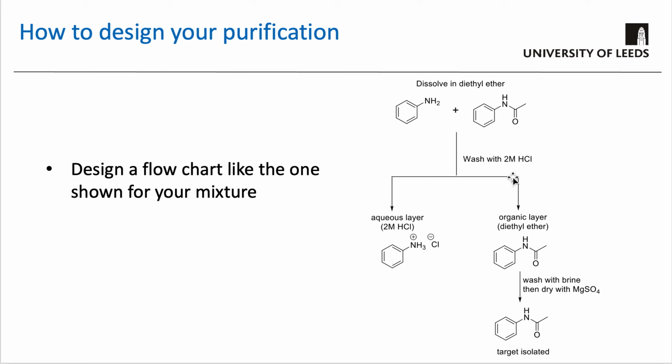That leaves the amide in the organic layer, and then we can separate that organic layer, dry it and remove the solvent to give you that pure amide. So it's using those principles of pKa. We can work out and think about how much our compounds are going to be protonated and deprotonated, and therefore how they're going to be manipulated into the organic and aqueous layer.